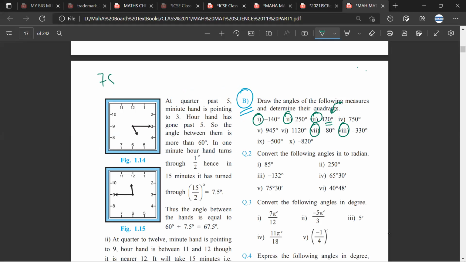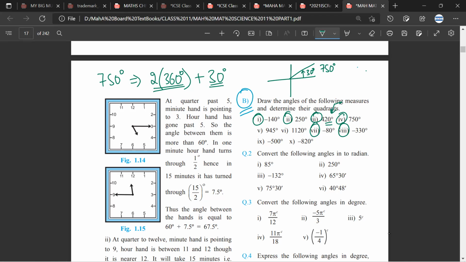So for example, what is 750? It is 2 into 360 plus 30. Any doubt? Because this is 720, this is 30. So basically, I'll be taking two rounds and I'll reach here. This angle is 30 degree. I have completed two rounds and this is 750 degree. Any doubt?